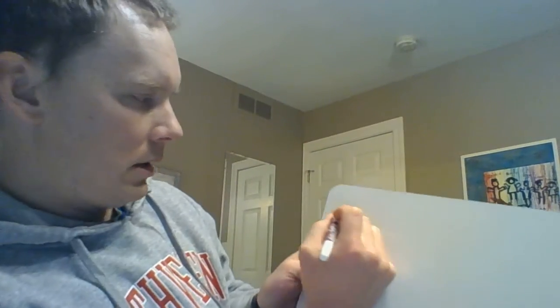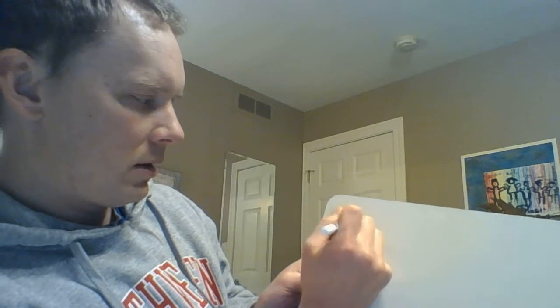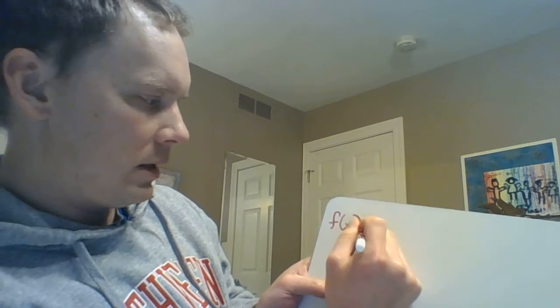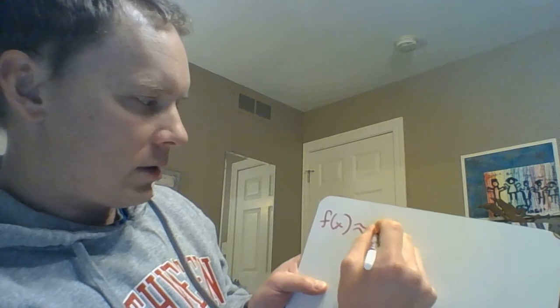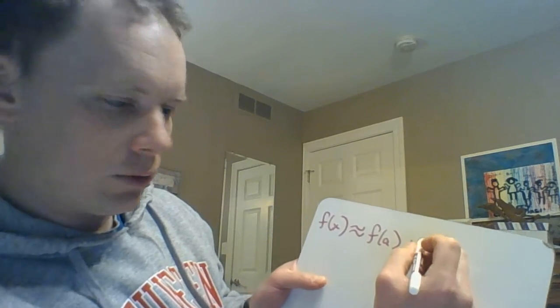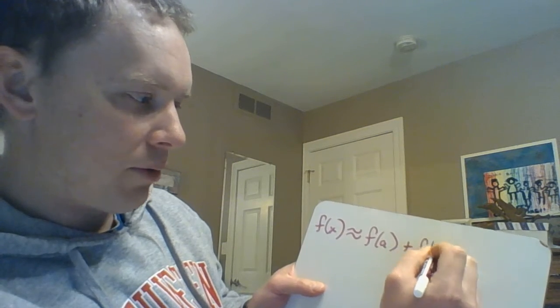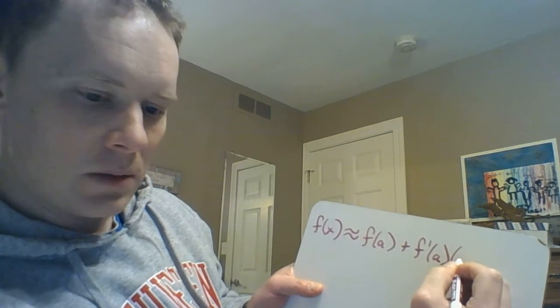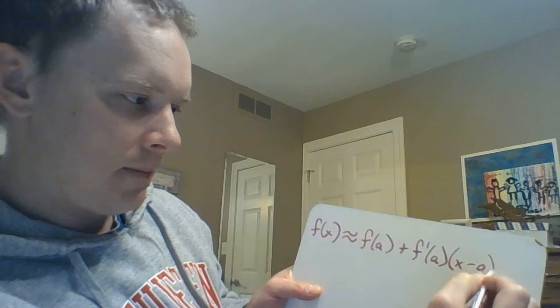But even as I was reading through that, as it was starting to explain L'Hopital's rule, I noticed something that looked like this. Again, in the book, they showed this as they started to explain L'Hopital's rule: f of x is approximately equal to f of a plus f prime of a times x minus a.